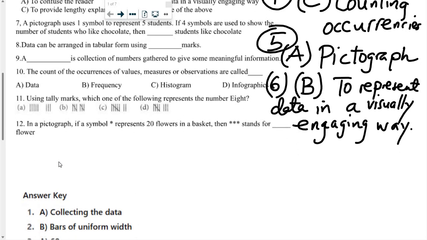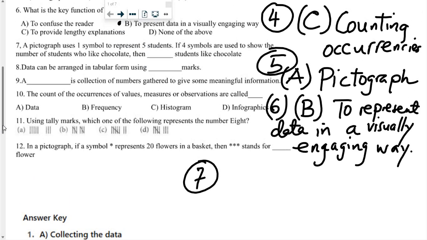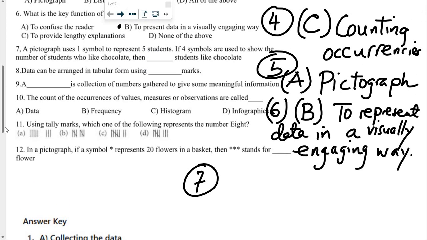Question number 7. A pictograph uses one symbol to represent 5 students. If 4 symbols are used to show the number of students who like chocolate, then dash students like chocolate.